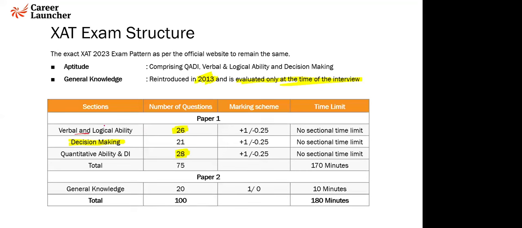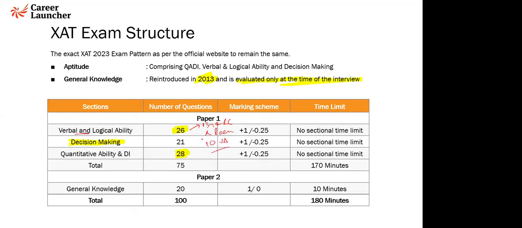Because out of the 26 questions, typically you'll have 13 to 14 questions of RC, about 2 questions of a poem RC, and the balance 10 odd questions are your verbal ability questions.